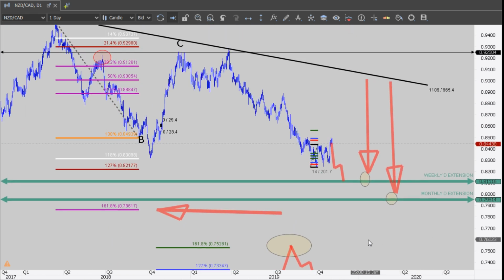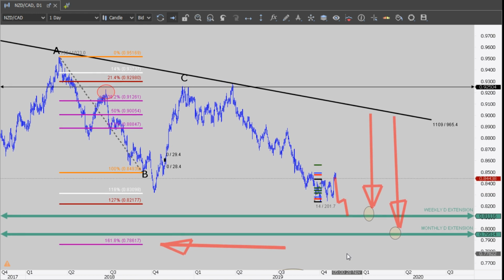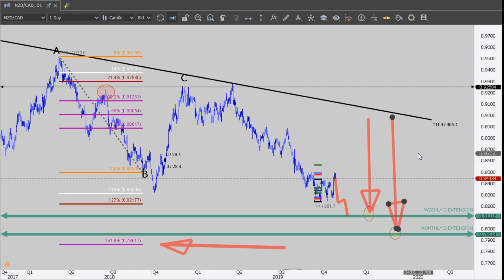So, when Miguel is saying, well, we should profit take at the D extension on the daily, but the market is going to hit the weekly D extension, what do you think is going to happen? Start a new fib, yes, but what is going to happen with the market wave?